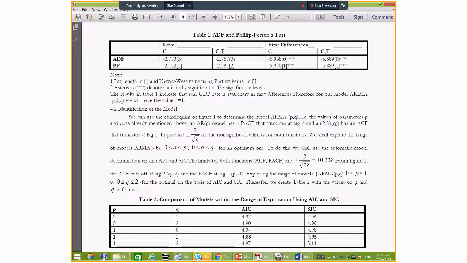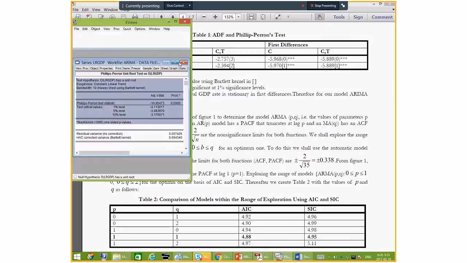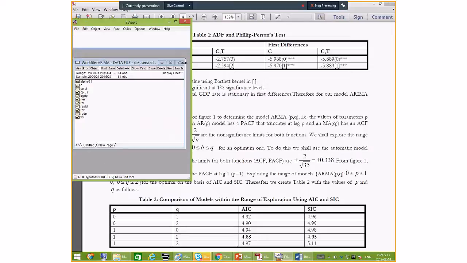To do this, we shall use the automatic model determination criteria, the Akaike information criterion and the Schwarz information criterion. So, we need to determine the number of Q and the number of P. Then plus or minus 2 over the square root of the sample size. In our model, the number of observations is 64.